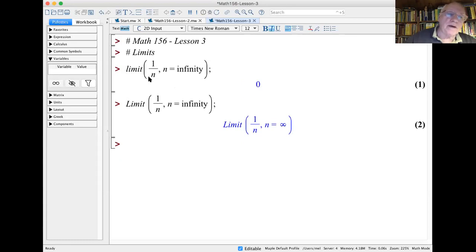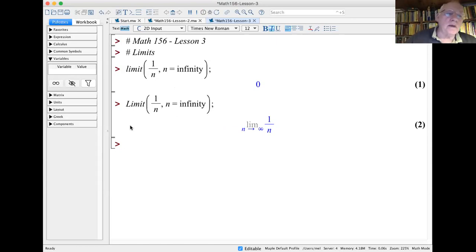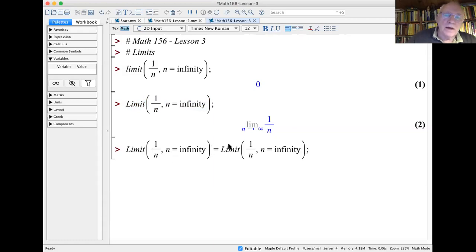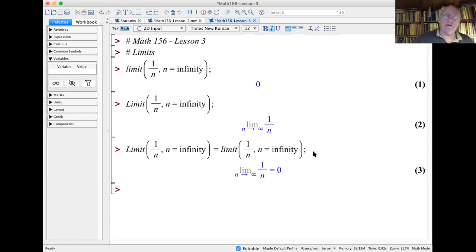I remove the space and I get the answer. And what's nice in Maple is you can put these two things together so you get an intelligible human statement. If I write limit with a capital L of what I want equals limit with a lowercase l, I actually get a statement like this.